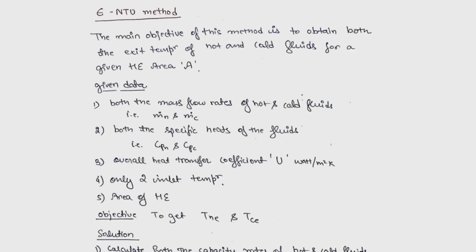Now let us see how the problems related to the effectiveness and NTU method look. The main objective of this method is to obtain both the exit temperatures of the hot and cold fluids for a given heat exchanger area. Here in the question, the heat capacity rates of both hot and cold fluids will be given, you will be given the overall heat transfer coefficient U, and only two temperatures will be given.